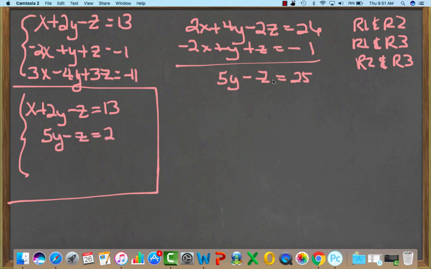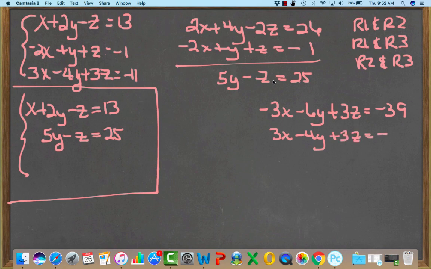Then I'm going to do row 1 and row 3. So notice that we've got an x and a 3x. So I'm going to multiply the top equation by negative 3. So negative 3x minus 6y plus 3z equals negative 39. And I'll keep row 3, 3x minus 4y plus 3z equals negative 11, and we'll add those.